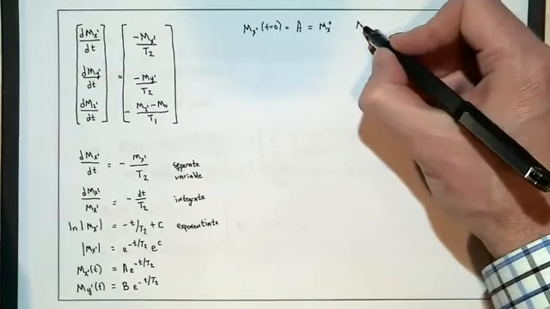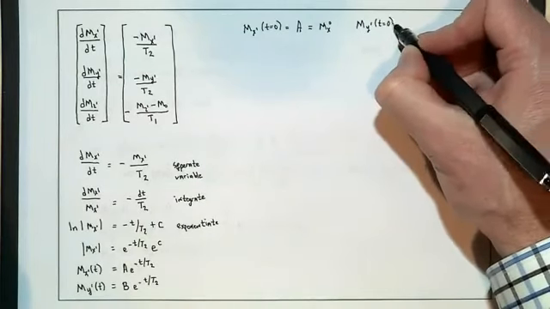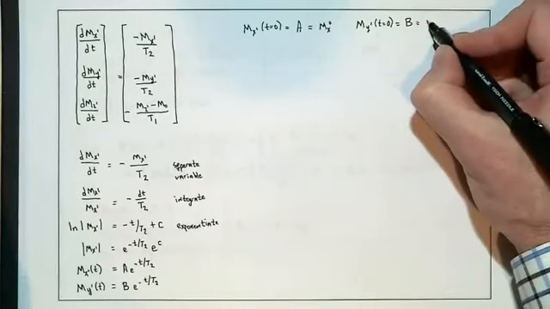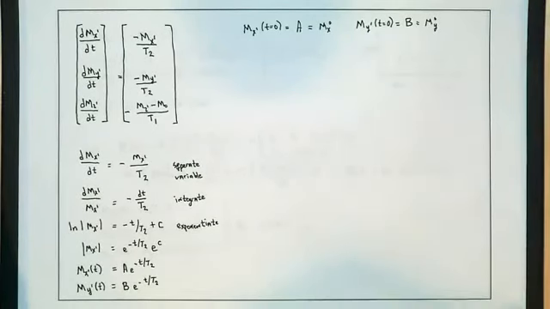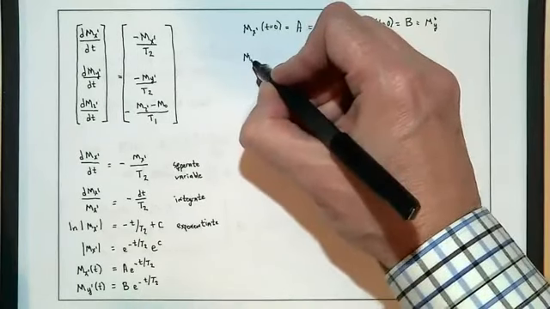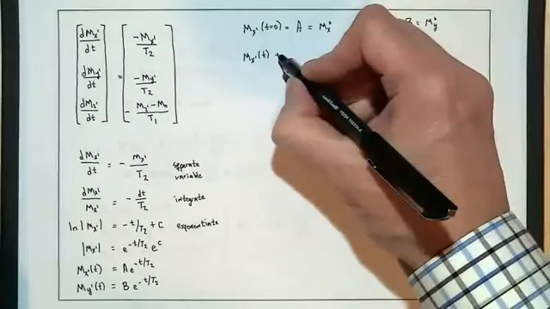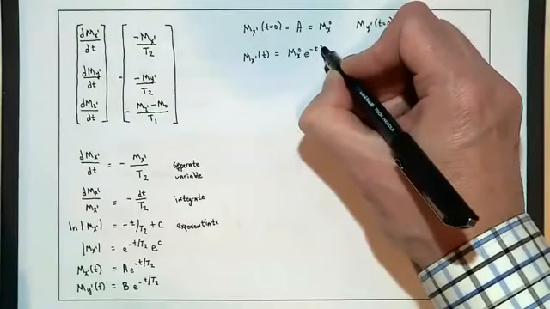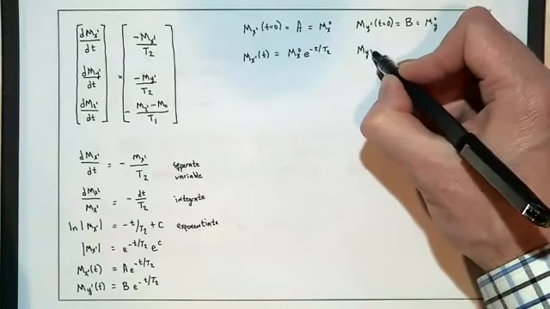We do the same thing for my prime as a function of time at time t equals 0, and we just recover b, and we know that that's also our initial condition. And so at the end of the day, we just have two expressions for the transverse components of the magnetization that depend on those initial conditions and indicate that the initial condition is not stable and just decays as a function of time.